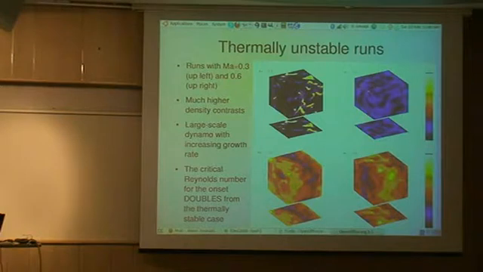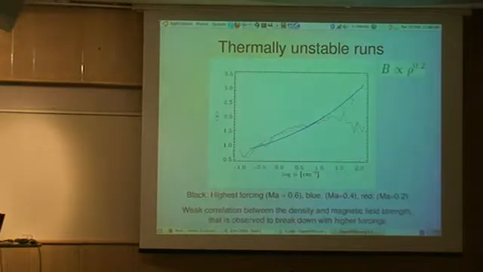The only difference now seems to be that the critical Reynolds number for the onset of large-scale dynamos is roughly doubled by the presence of thermal instability. So thermal instability is really bad news for the large-scale dynamo. And now these density contrasts are like 100 times larger here.